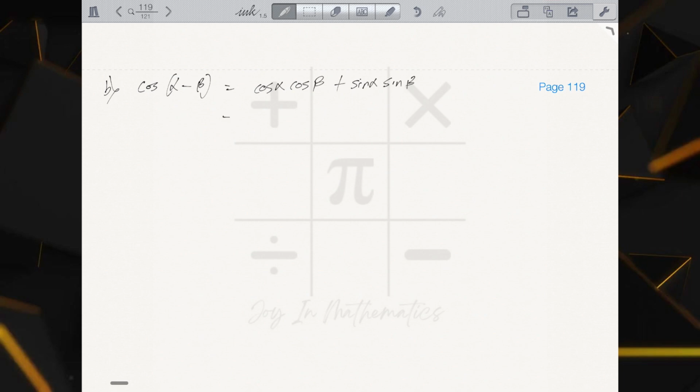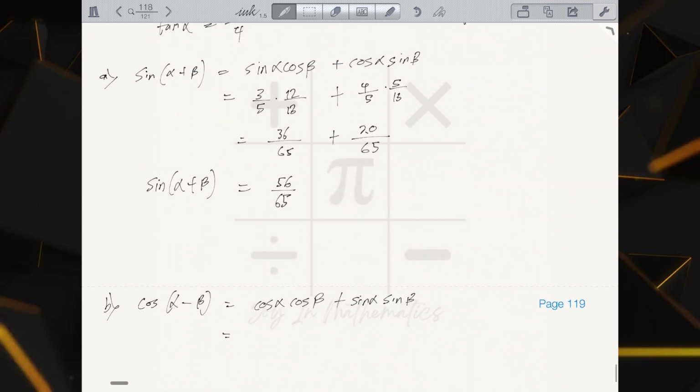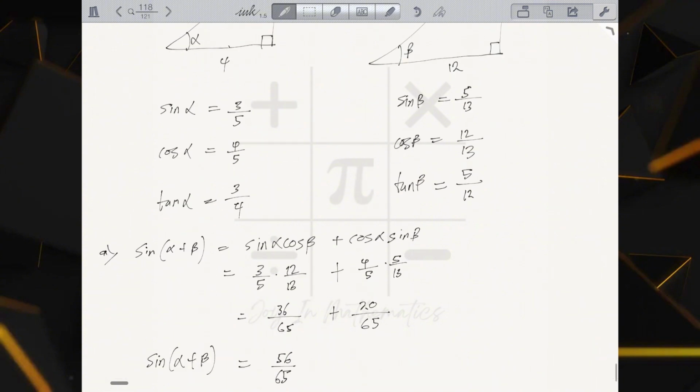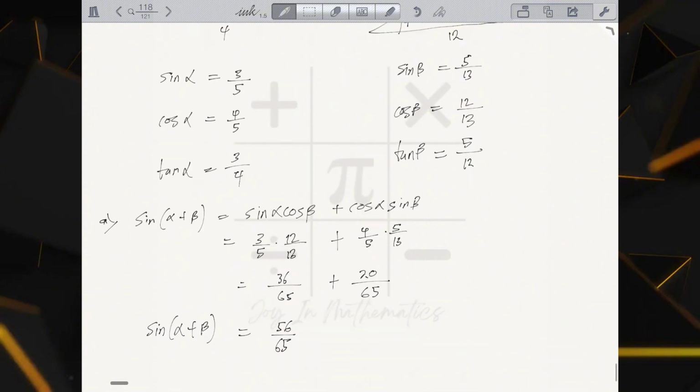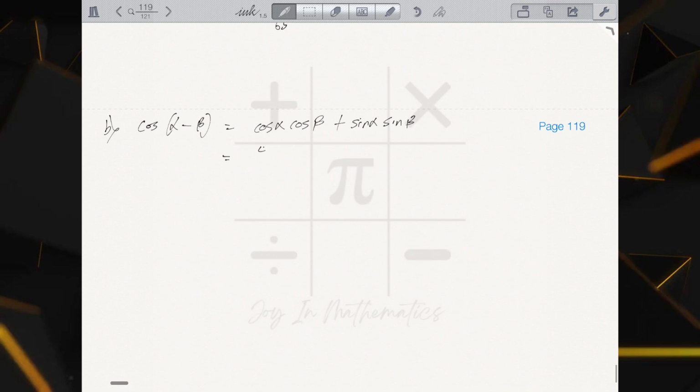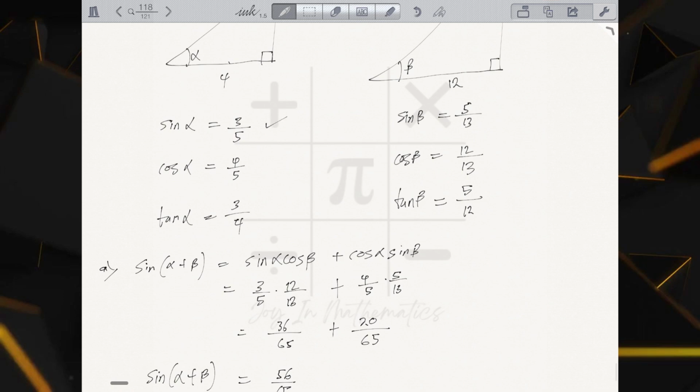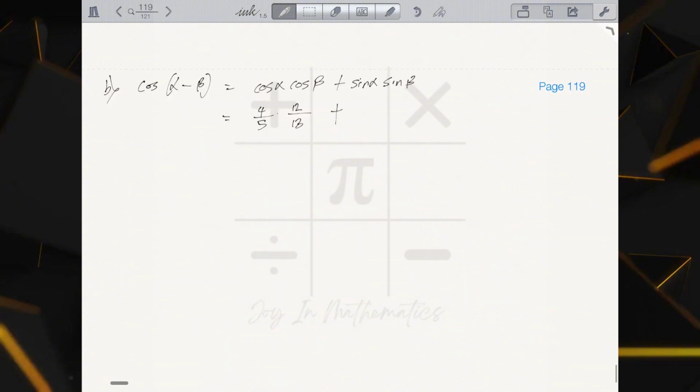So we are saying cos(alpha - beta) will be equal to cos alpha cos beta plus sine alpha sine beta. Now let's go back to our diagram to evaluate. We can see cos alpha is 4 over 5 and cos beta is 12 over 13. Similarly, we have sine alpha and sine beta: 3 over 5 and 5 over 13. So we have 4 over 5 multiplied by 12 over 13, plus 3 over 5 multiplied by 5 over 13.